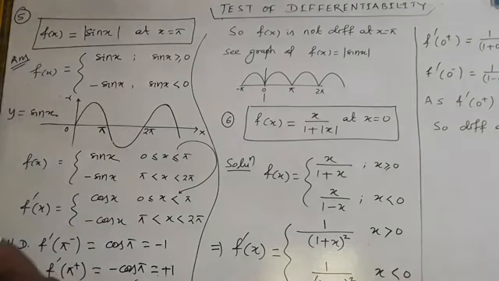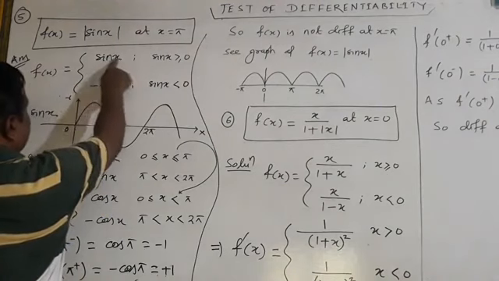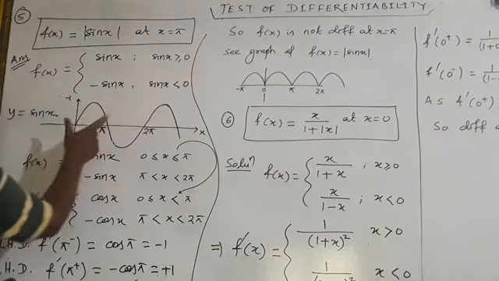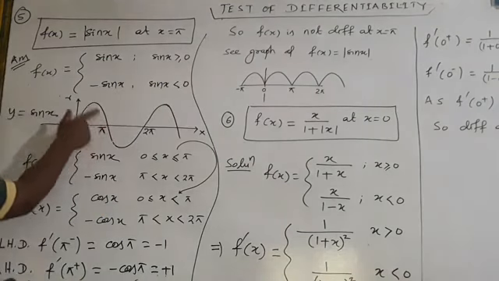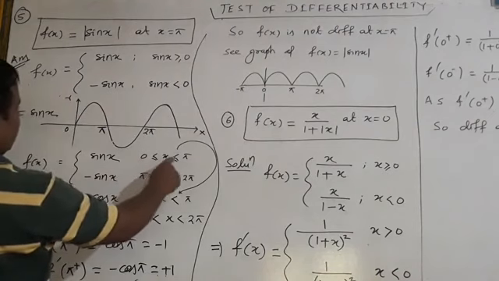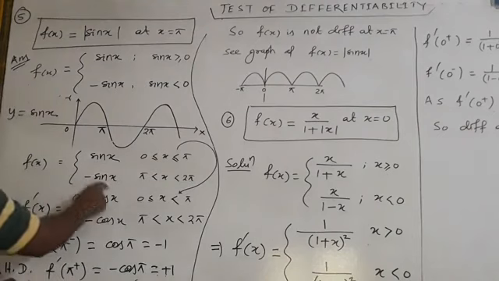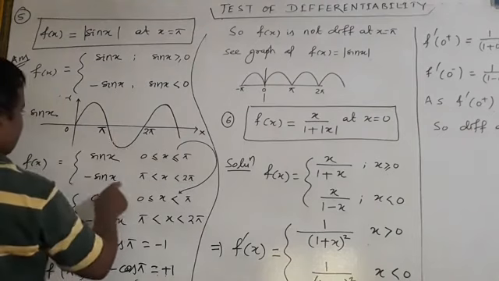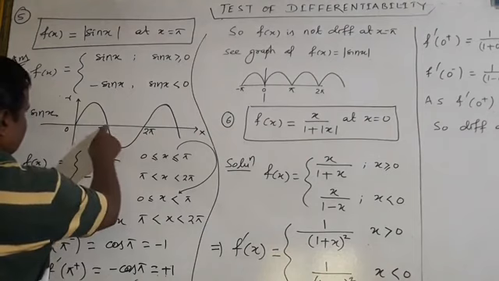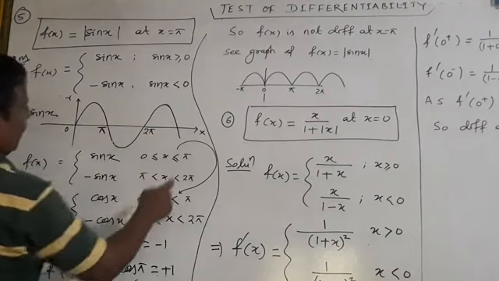Now I am writing f(x) = sin x when sin x is greater than or equal to 0. I am just taking this part where pi should be there. So f(x) = sin x for 0 ≤ x ≤ pi, and f(x) = minus sin x when x lies between pi and 2 pi.